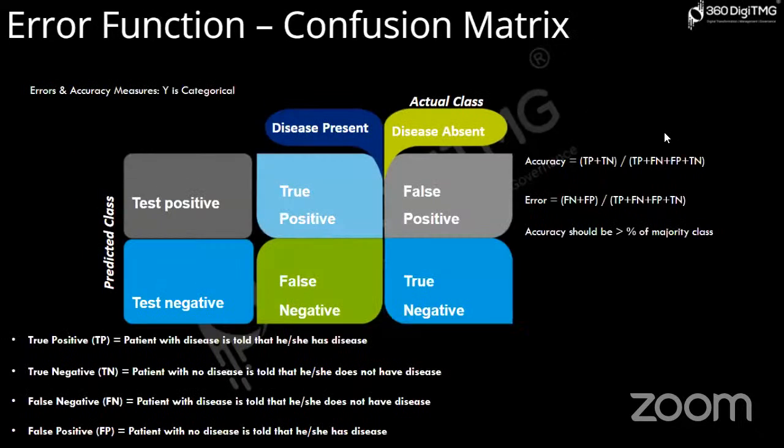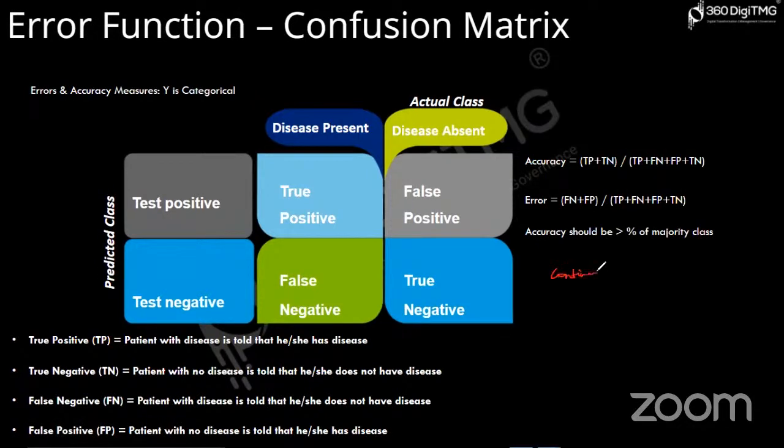Here we have something called an error function. How do we find out if the value that we are getting is correct or not? First, let us take the data as continuous data.